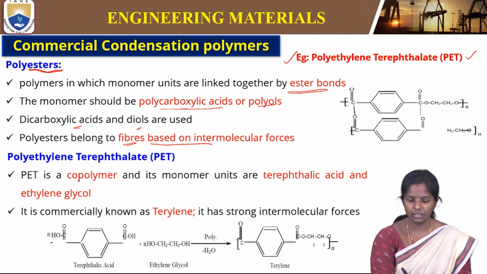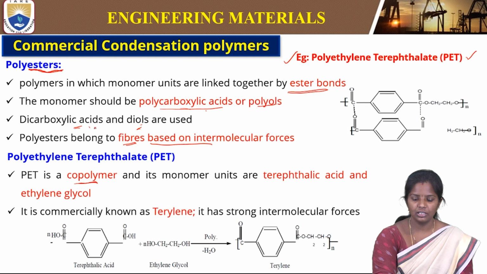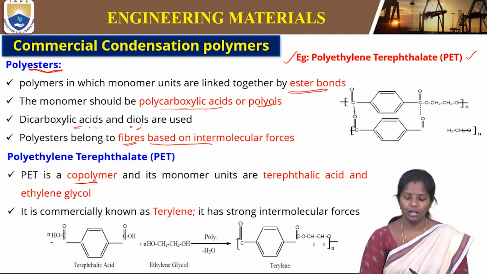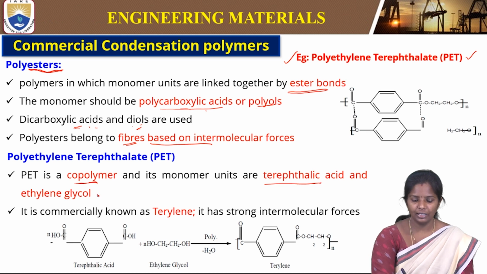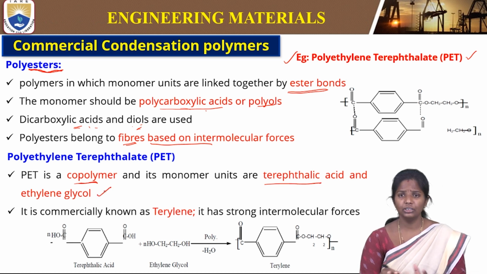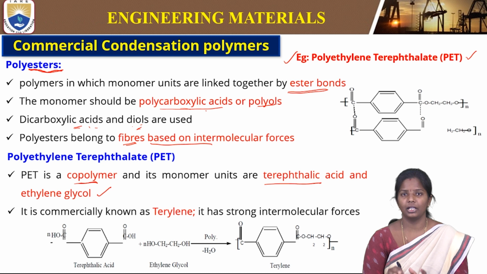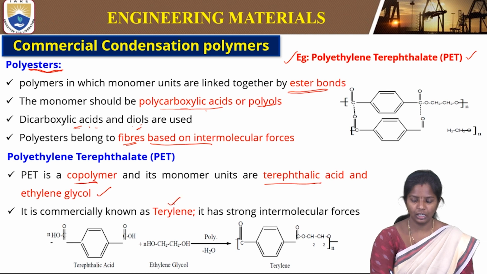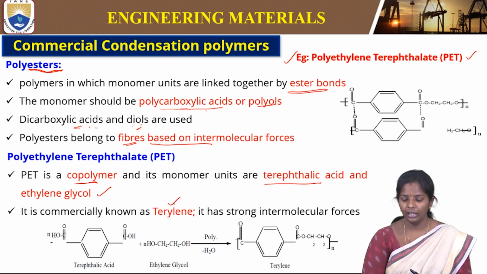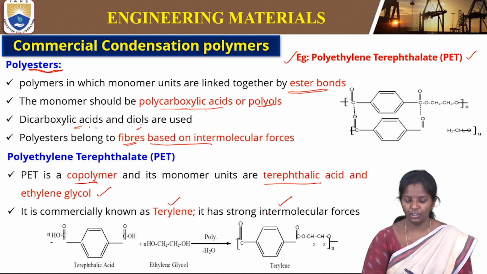So if you see, this is a copolymer because we are using two different monomeric units, terephthalic acid and ethylene glycol. So these two are different monomeric units used in the formation of polyester. So it is called a copolymer. They are commercially called terylene and have strong intermolecular forces.